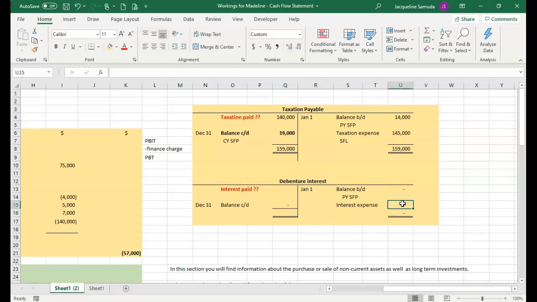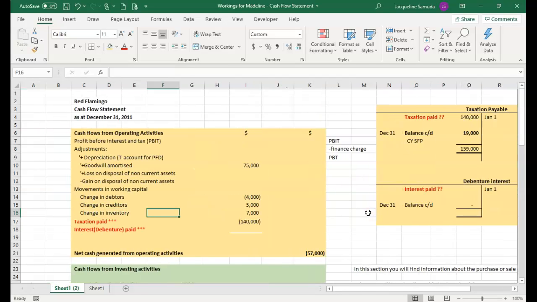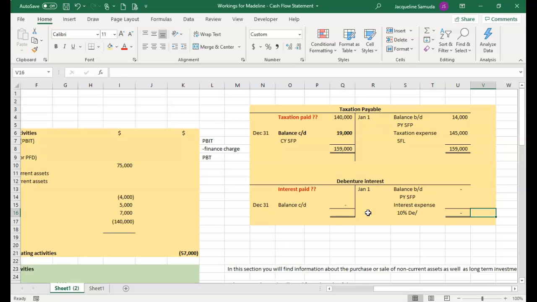But we have to find out what is the expense, and we noticed that it was the debenture. It was a 10% debenture. That is where we're going to go to work out the expense. 10% debenture. So the debenture was $37,000.